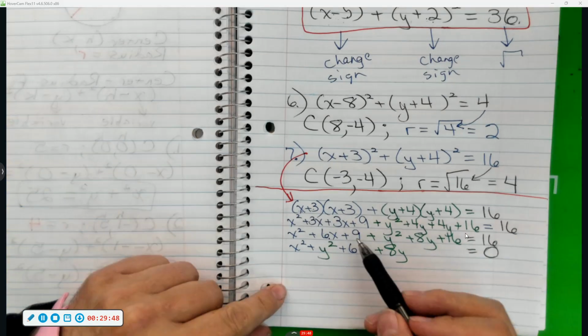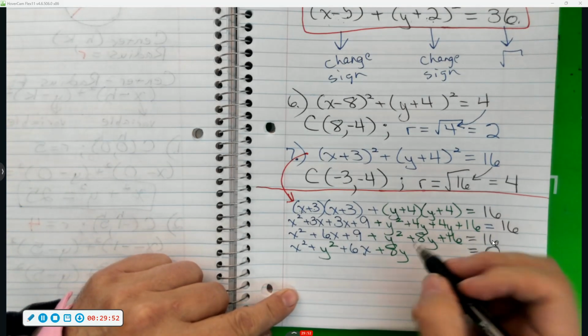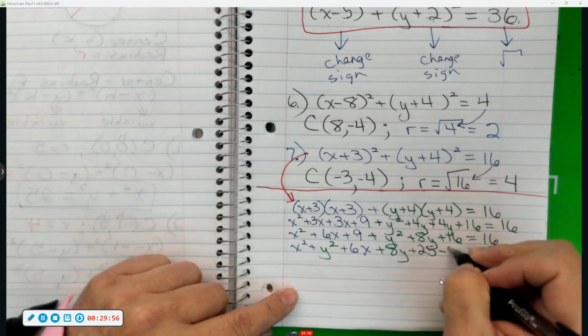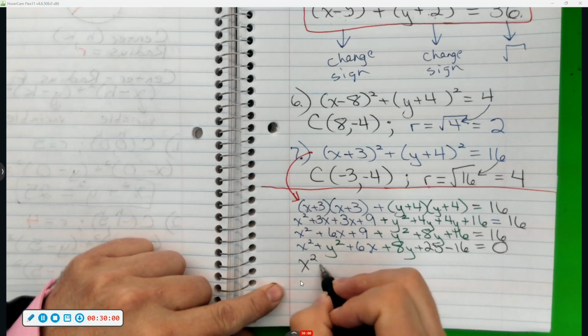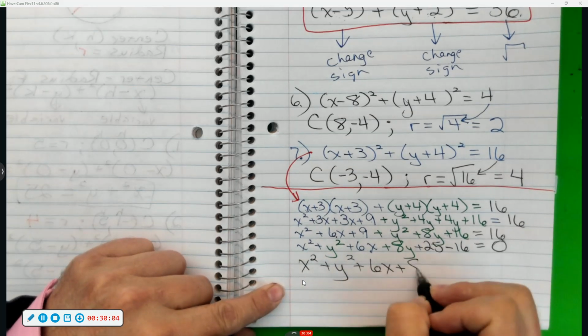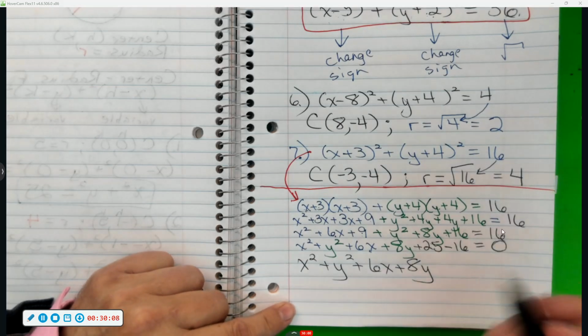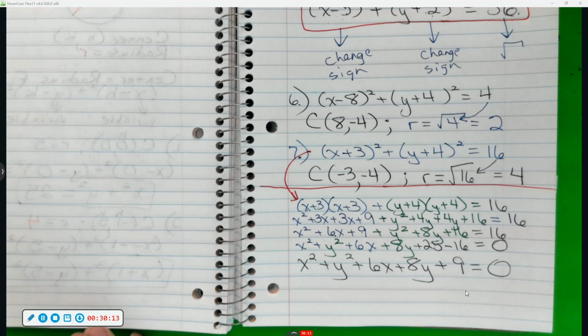And so I'm going to have a 9 plus 16. 9 plus 16 is 25, minus 16. Did y'all follow that? We have an x squared plus y squared plus 6x plus 8y. 25 minus 16 gives me a plus 9 equals 0.